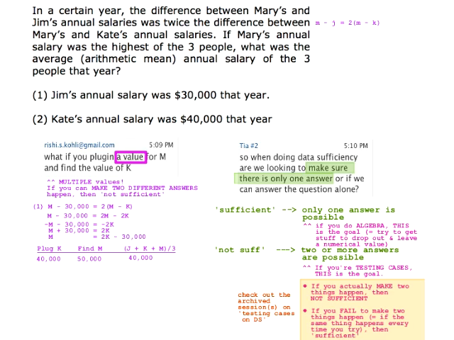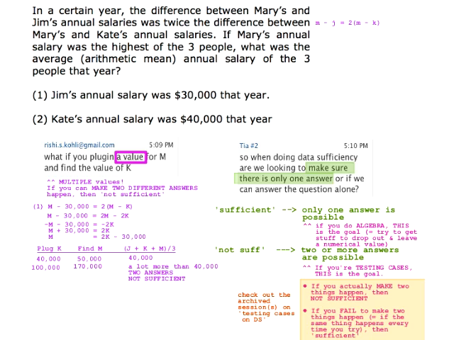And then if you plug in 100,000 for K, then M is 200,000 minus 30,000, which is a whole lot more than 40,000. So I got 2 answers. That's not sufficient.